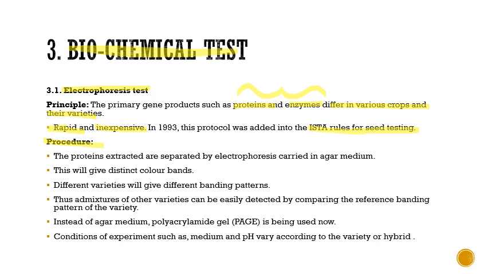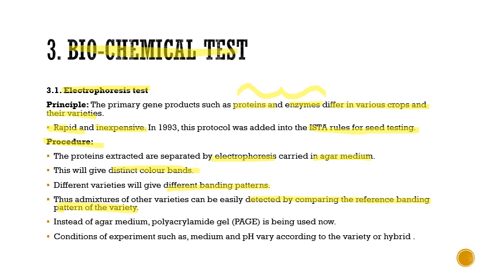So now coming to the procedure. The proteins extracted are separated by electrophoresis carried out in agar medium, and this will give distinct color bands. Different varieties will give different banding patterns. Thus admixtures of other varieties can be easily detected by comparing the reference banding pattern of the variety with that of the seed varieties that need to be tested.